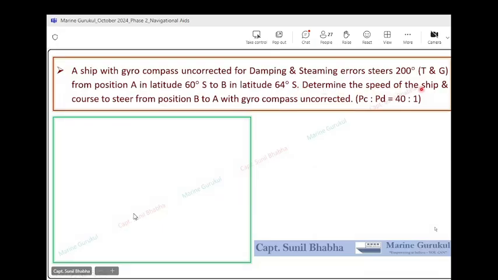Determine the speed of the ship and the course to steer from position B to A with gyro compass uncorrected. It is given in the question the ratio of PC to PD, control precession to damping precession, is 40:1. So have a good look at the question, beta. Let me know if any doubts come in.